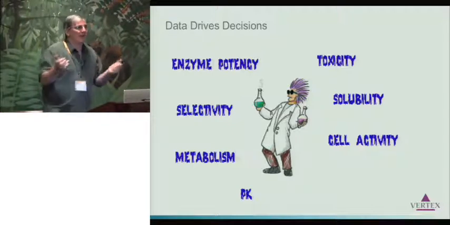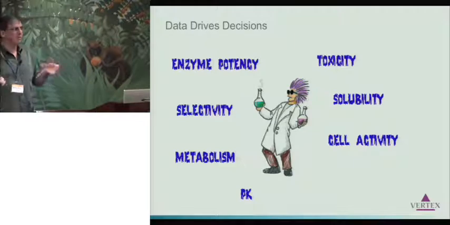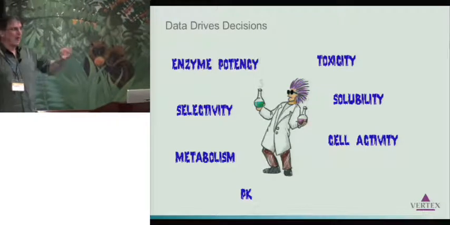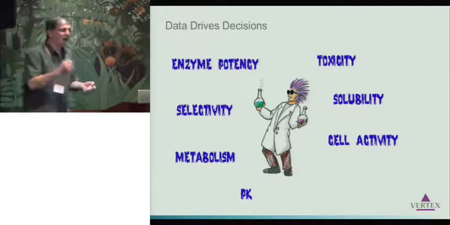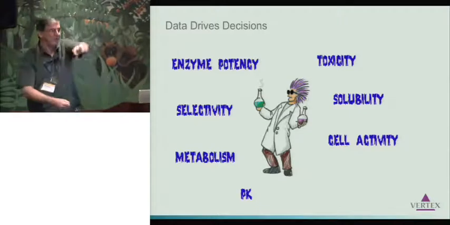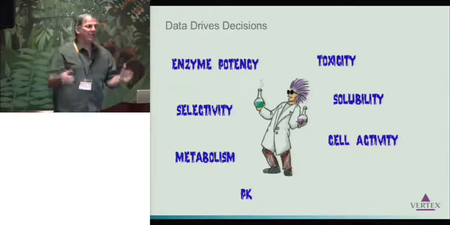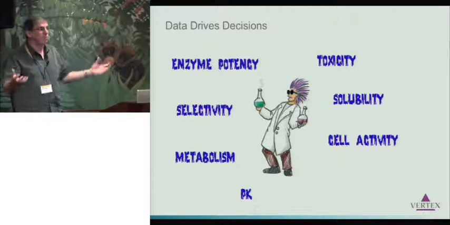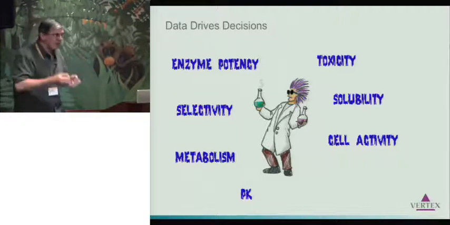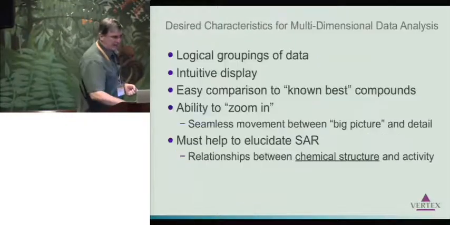How do you really keep track of that? One of my colleagues refers to drug discovery as whack-a-mole. It's like the carnival game where you whack one of the moles and two others pop up. But how do you even keep track of which moles you're supposed to be hitting? You've got so much data to keep track of.